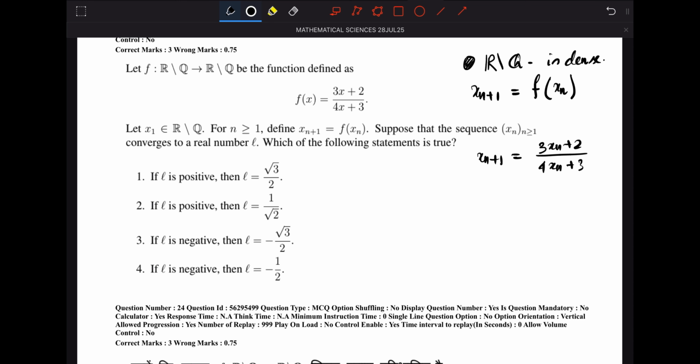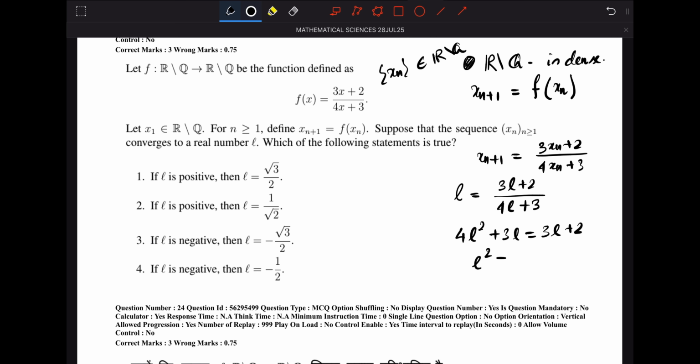As xn has a limit, L equals (3L plus 2) divided by (4L plus 3). So 4L squared plus 3L equal to 3L plus 2, so L squared equal to half, so L equal to plus or minus 1 by root 2.